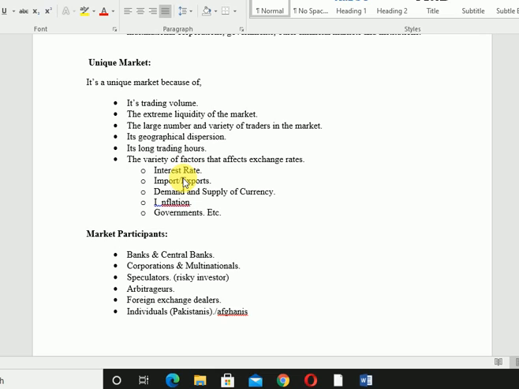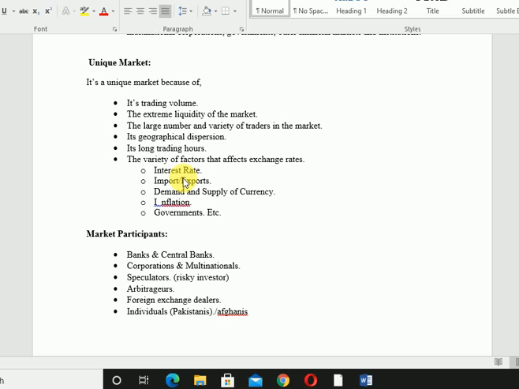The fifth one is inflation. Inflation also affects the exchange rate. Those countries where inflation is controlled, the exchange rate is also stable against the dollar, the international currency.